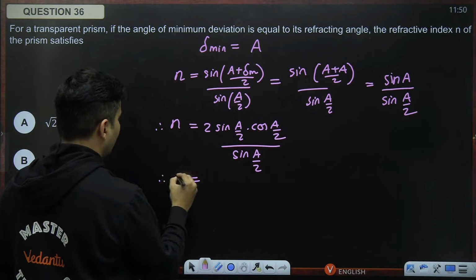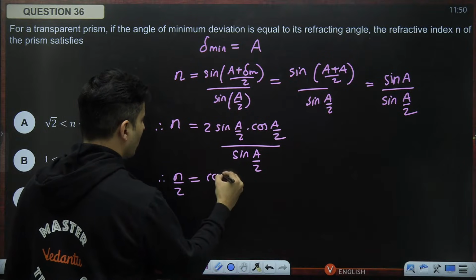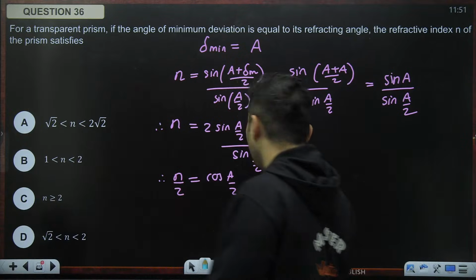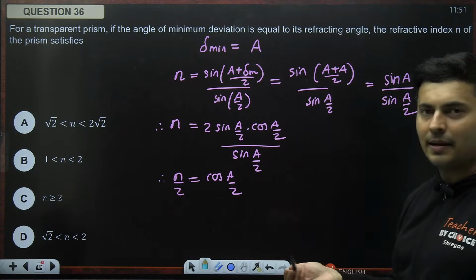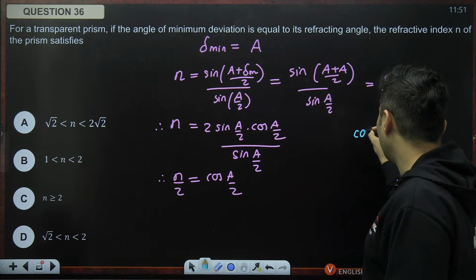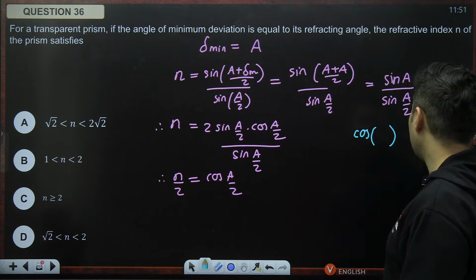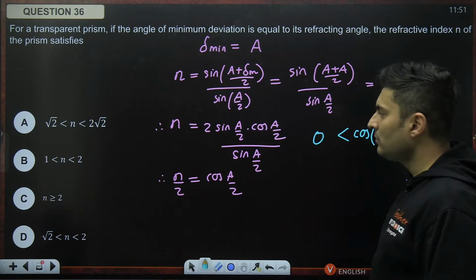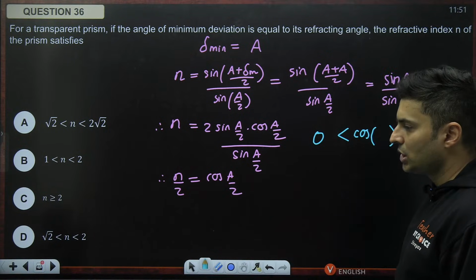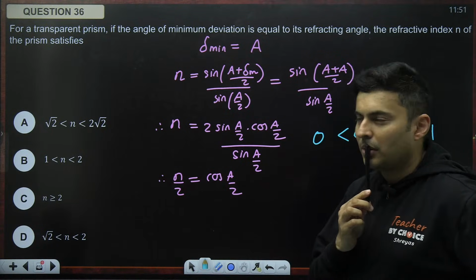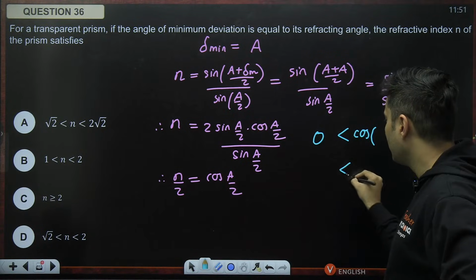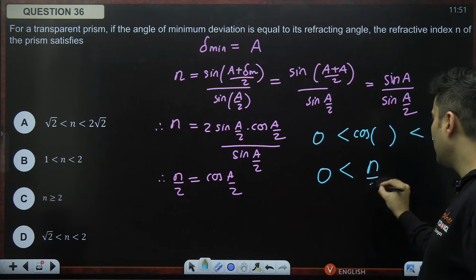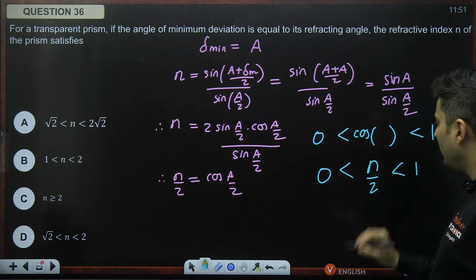So I will get n by 2 is equal to cos of A by 2. I think now I can do something because an inequality is there. I know cos of any quantity, doesn't matter, will always be less than 1 and more than 0. So if I know that, then I can say n by 2 will be less than 1 and more than 0.